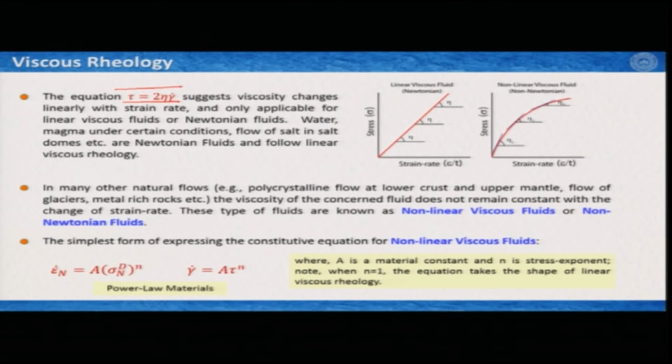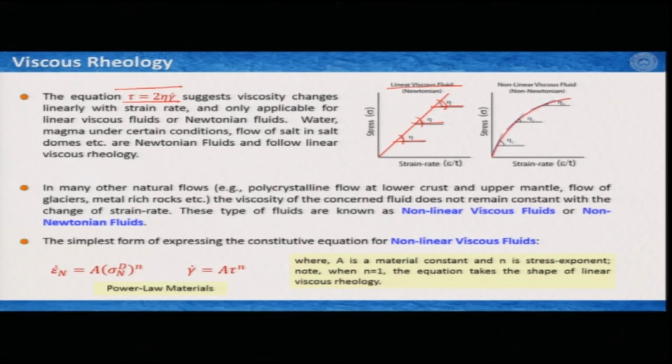What I mean by linearly is explained here. We have seen this plot, the stress versus strain rate, where the relationship is a straight line. That means at any point of time of the deformation, if I go back to this plot, I can always get a viscosity, and in this case, when it is a linear viscous fluid or Newtonian fluid, the viscosity is constant.